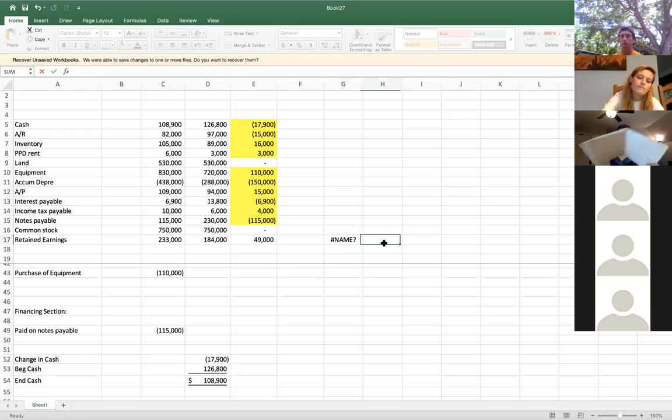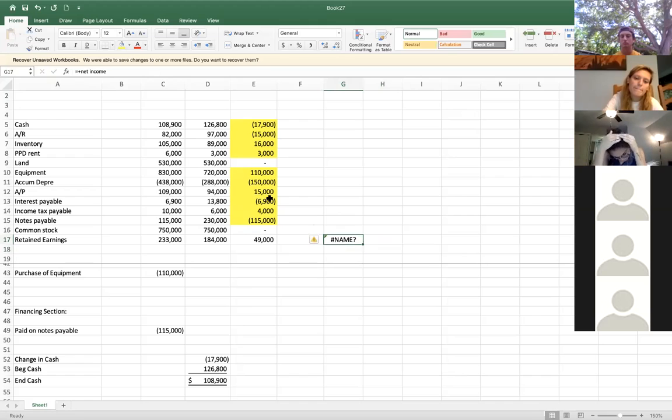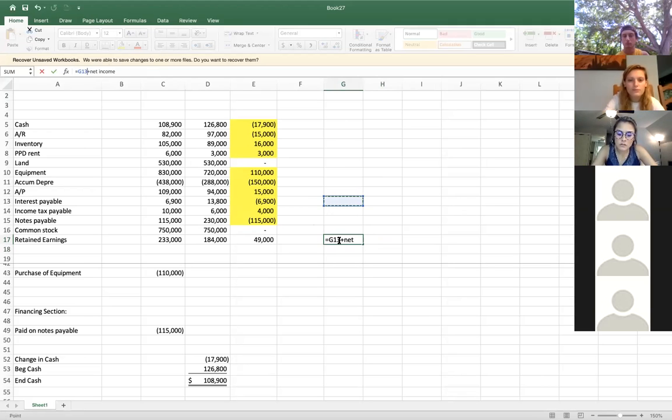Net income makes it go up, right? I'll left justify it. So what makes retained earnings go up?